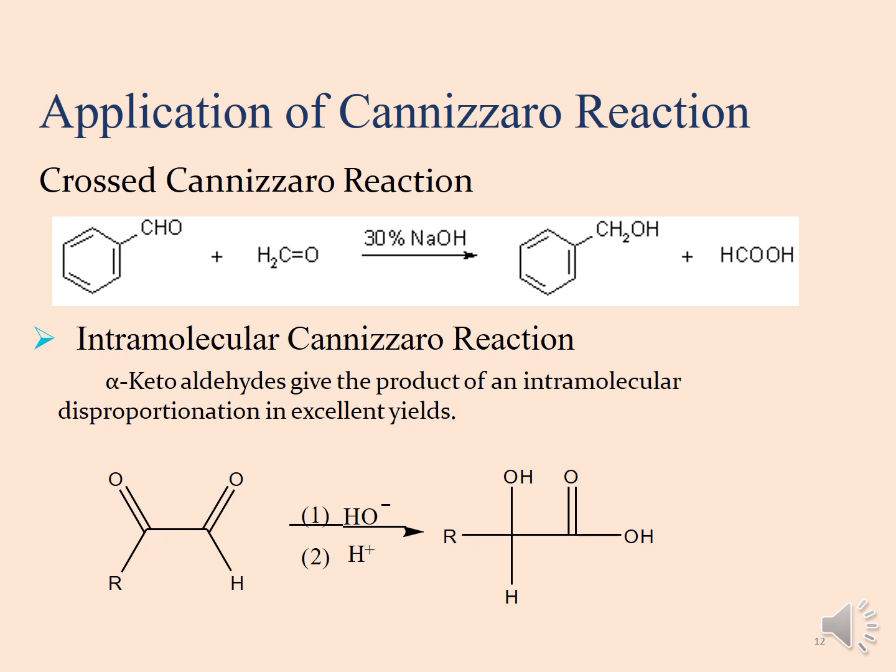Coming to the intramolecular Cannizzaro reaction, an alpha ketoaldehyde gives the product of an intramolecular disproportionation in excellent yield. That is, with the help of the Cannizzaro reaction, the yield of the product can be increased.